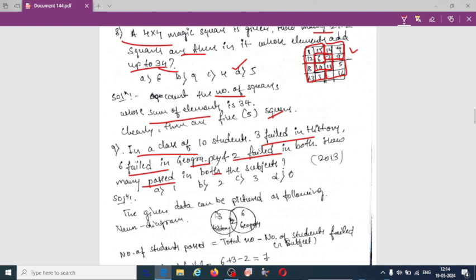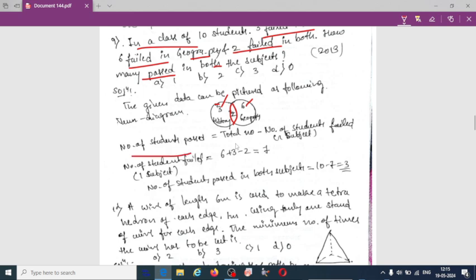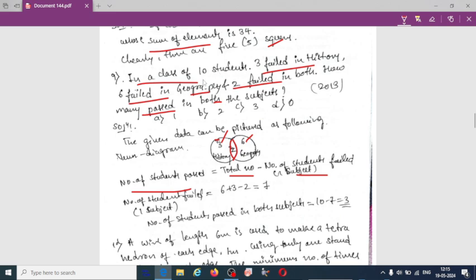The given data is: 3 failed in history and 6 failed in geography and 2 failed in both. So this is the diagram you can represent. Then the number of students passed we have to calculate. That is the total number minus the number of students failed, because the total number is 10.